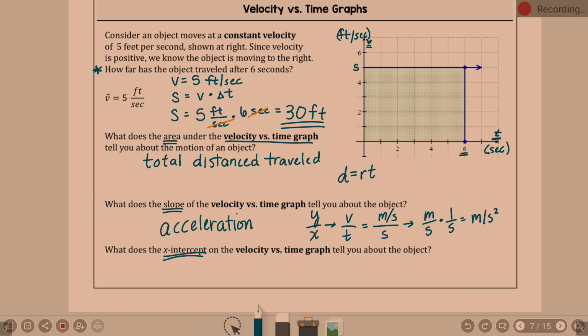But in both cases, it would be when your velocity is 0. So keep in mind, when velocity is 0, either the object is standing still, or it reverses directions.